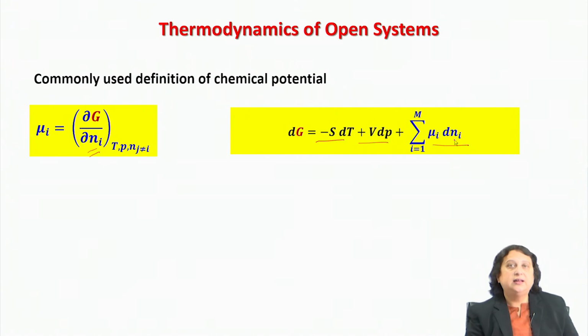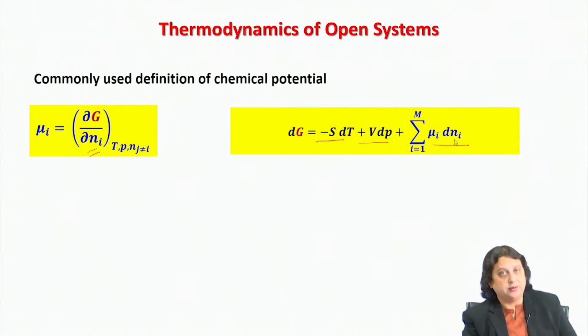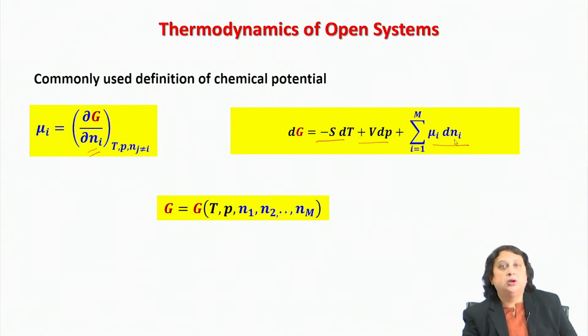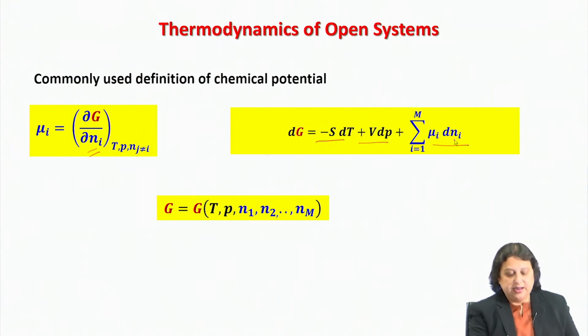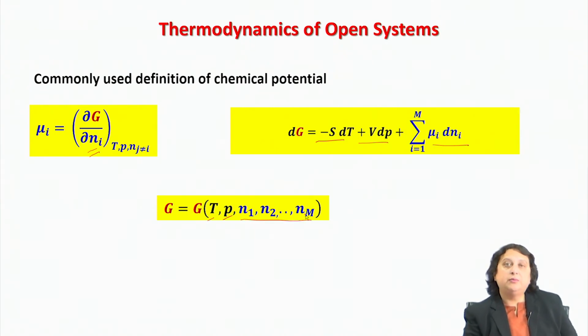So this basically banks on the fact that in many real applications, we are actually looking at the properties of the system at a given temperature, pressure, and number of particles. So I define the equilibrium state in most commonly encountered experimental systems at a given temperature, pressure, and the number of particles of each type of species present in the system.